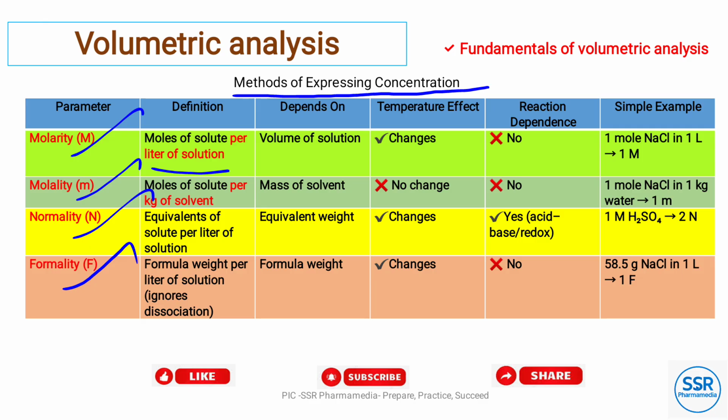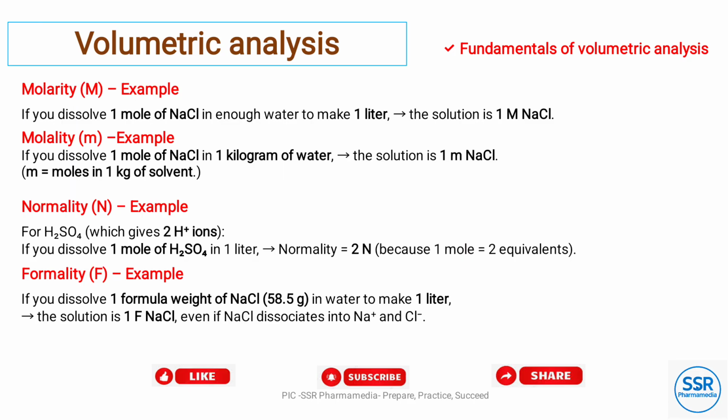Molality is moles of solute per kg of solvent. Normality is equivalents of solute per liter of solution. Formality is formula weight per liter of solution. Take a screenshot and read it carefully. These are the definitions of each term.